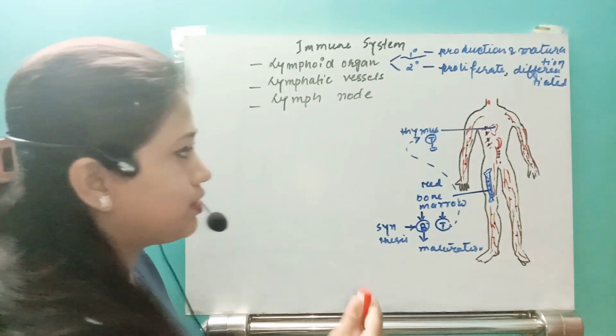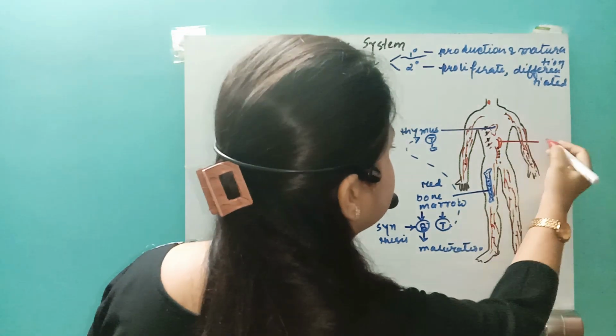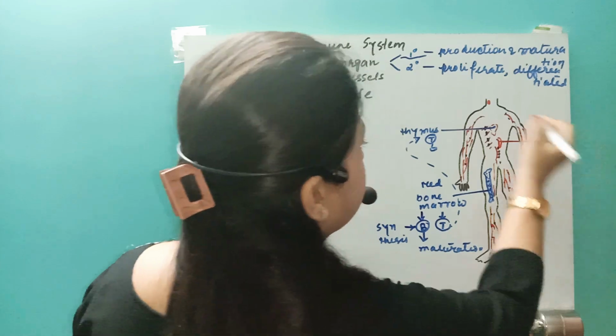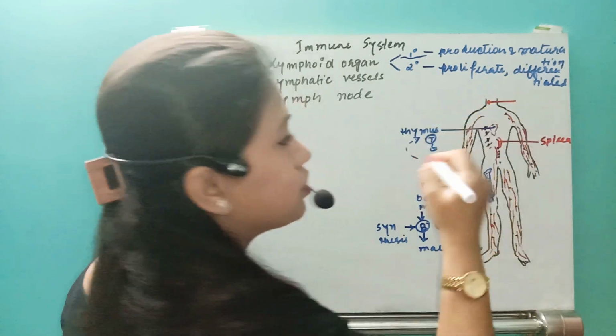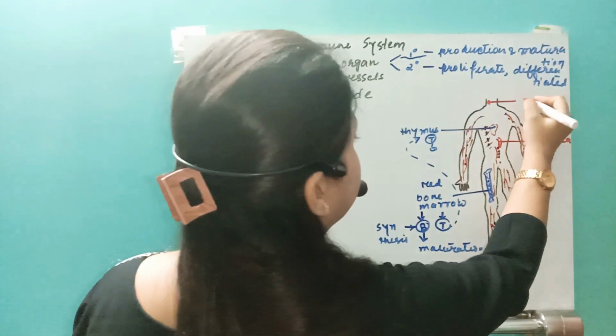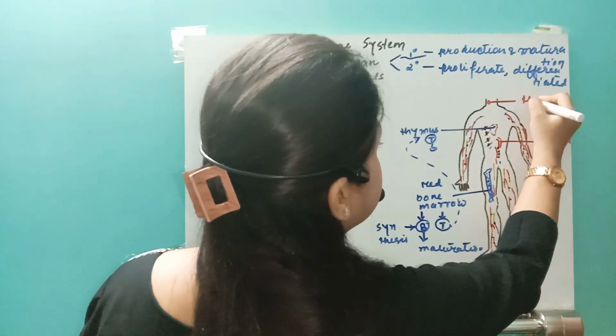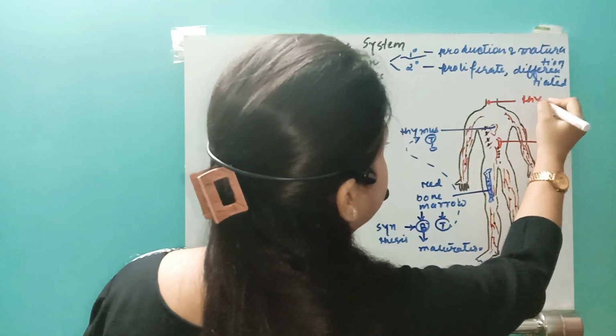So what are those? Here we have one organ, that is the spleen. Here, in this region of the pharynx, we have the tonsil.